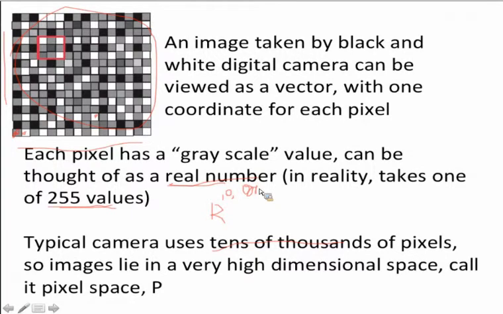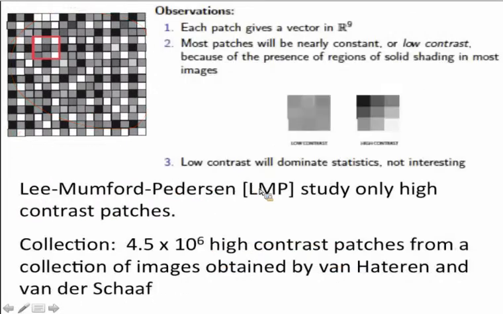So instead of looking at that problem, we're going to look at a simpler problem, and that is looking at 3 by 3 patches. Instead of taking a look at this entire image, we're going to restrict ourselves to just a 3 by 3 patch.